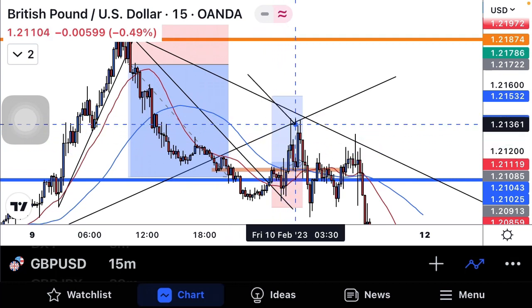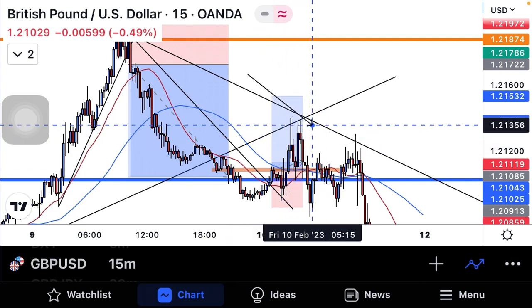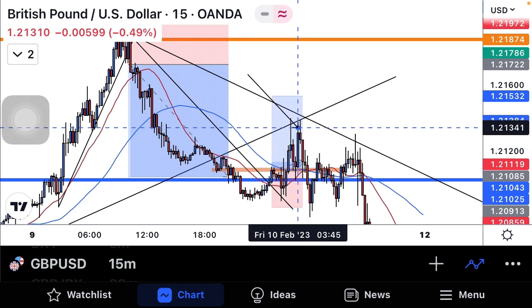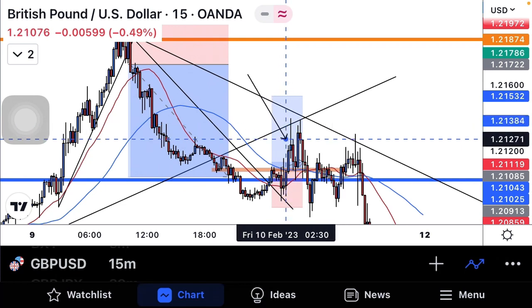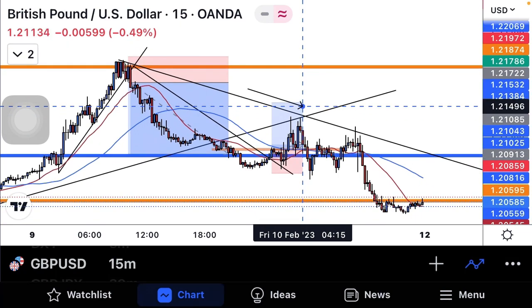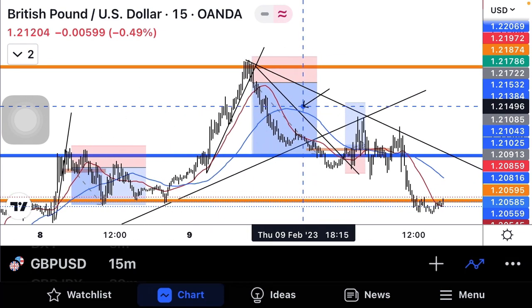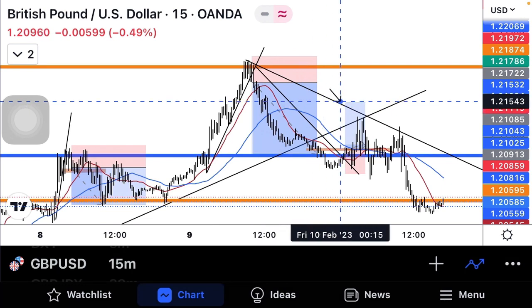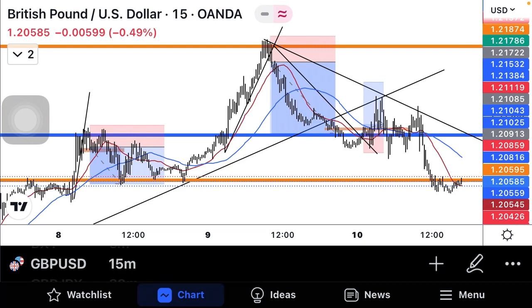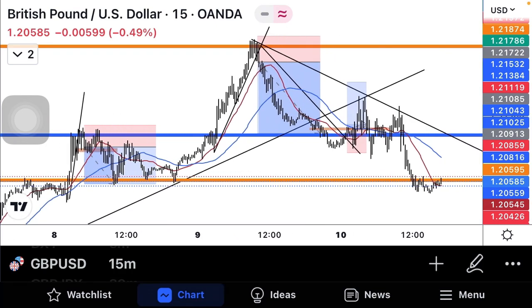But unfortunately I found out that price started to reject that area again, and immediately I exited all my positions. So I was able to bag some little profit, and for me, the three trades I took were winners, and I was really grateful, because since the beginning of this year I've seen a lot of changes in my trading, my setup, and everything.